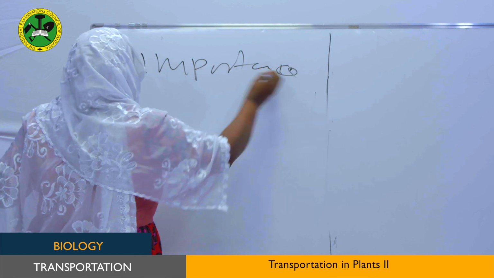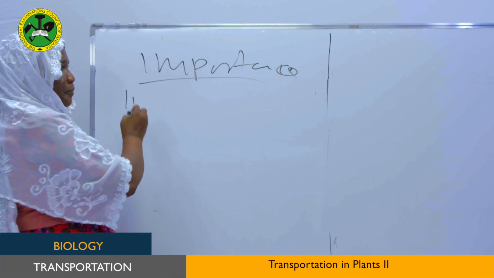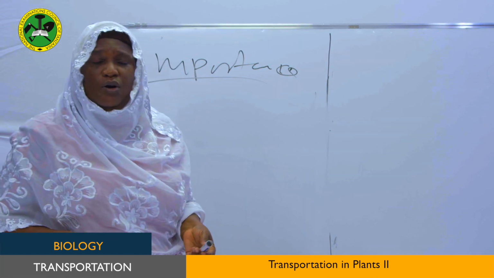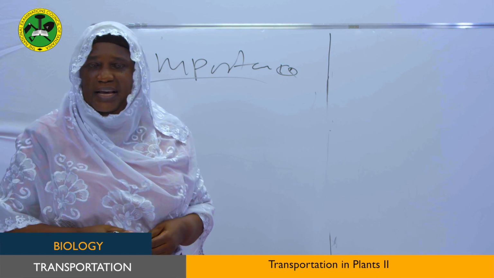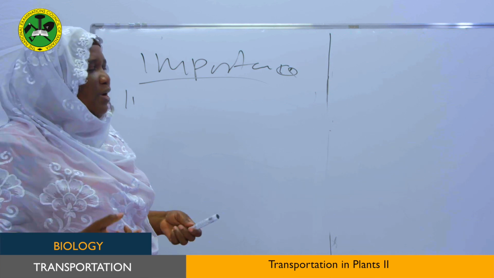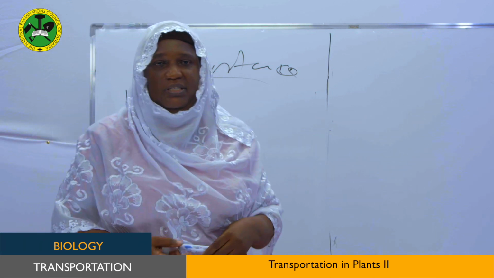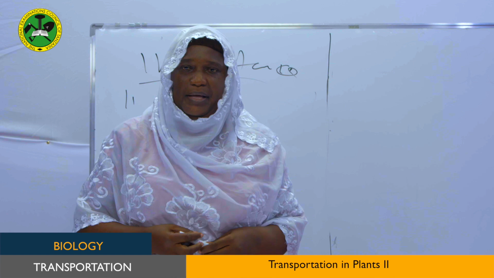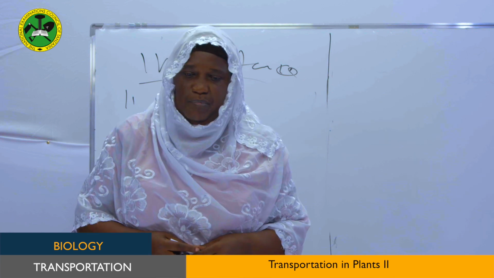Number 1, it regulates the amount of water entering the xylem vessel. It controls the amount of water entering the xylem.